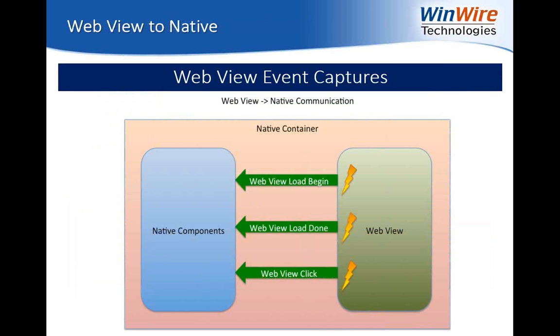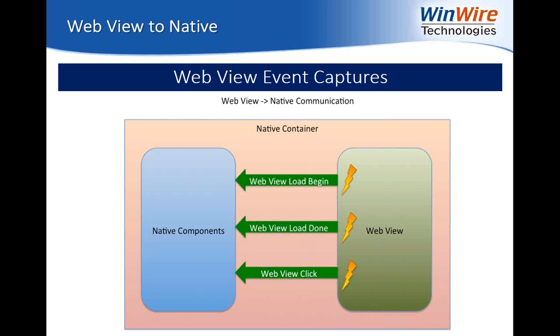Moving on, we have the second type of communication, which is from web view to native. Certain events are generated from the web view that indicate the occurrence of an activity on the web view. These include the web page beginning to load, the web page loading done, and user click on the web view.